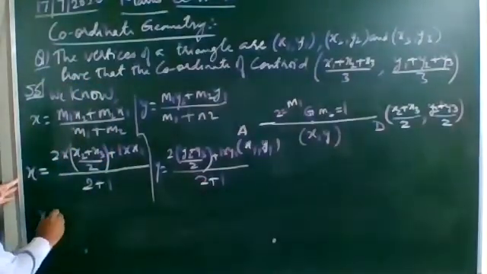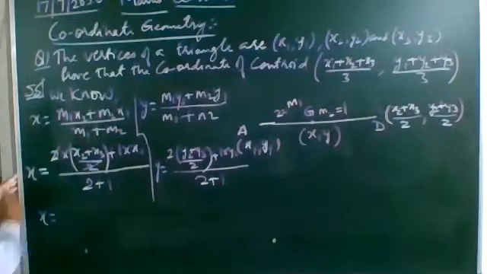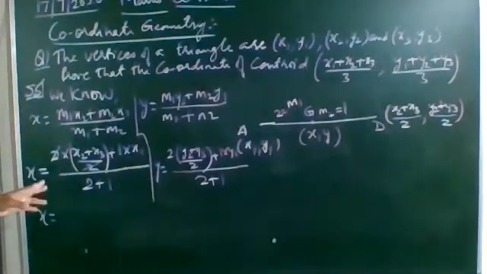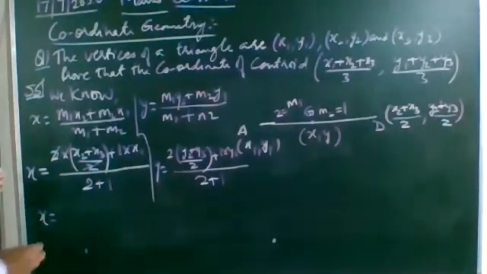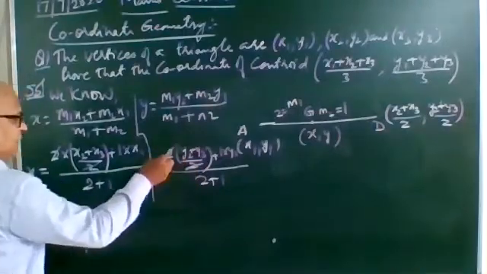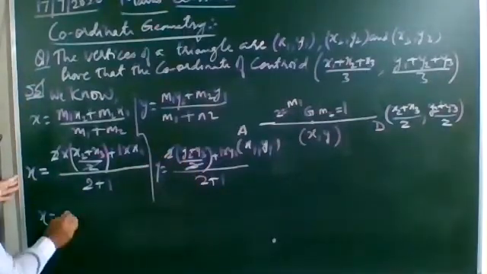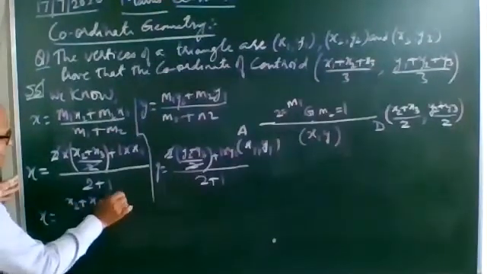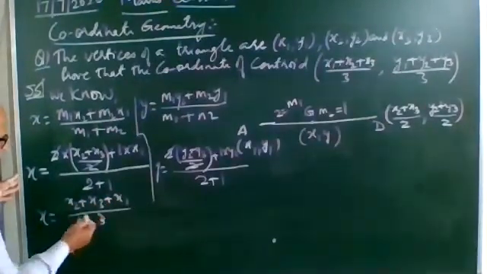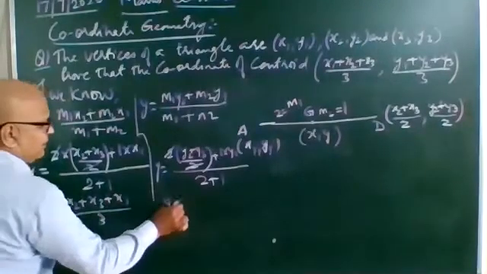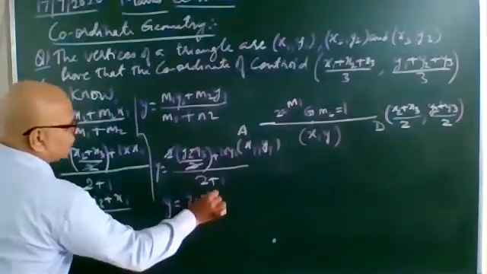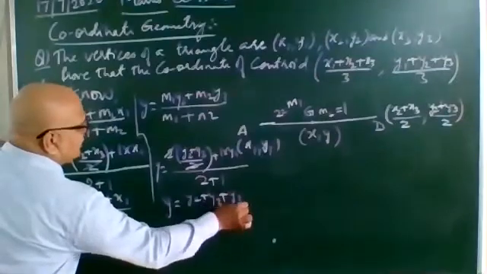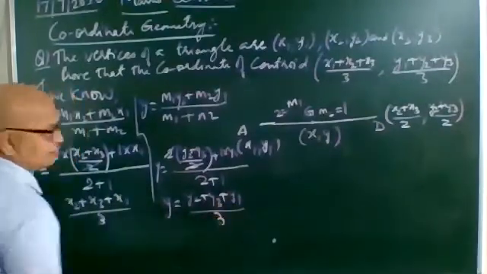So in x, this 2 and this 2 cancel. Here also this 2 and this 2 cancel. So x equals x2 plus x3 plus x1 upon 3, y equals y2 plus y3 plus y1 upon 3.